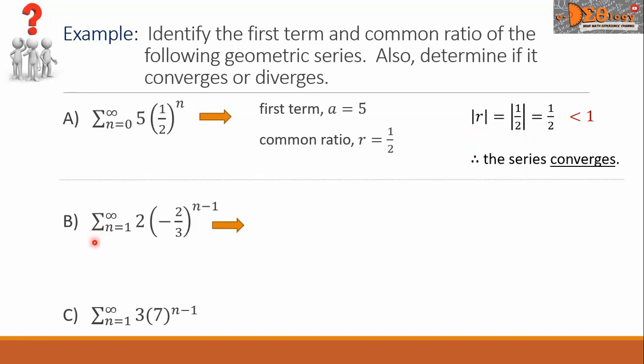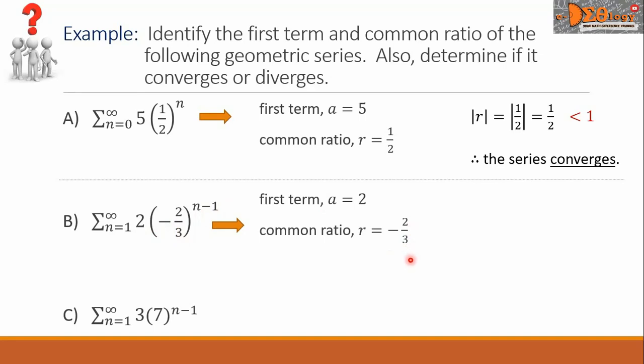Problem B, summation from n equals 1 up to infinity. The function is 2 multiplied by the quantity negative 2/3, and this is raised to n minus 1. The first term is a, and that is equal to 2. And the common ratio r is equal to negative 2/3.